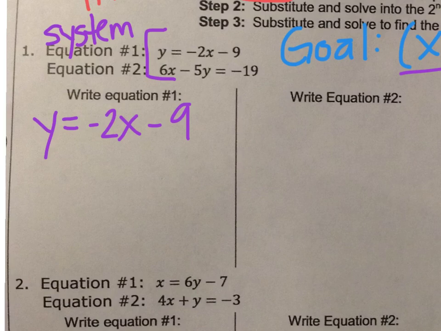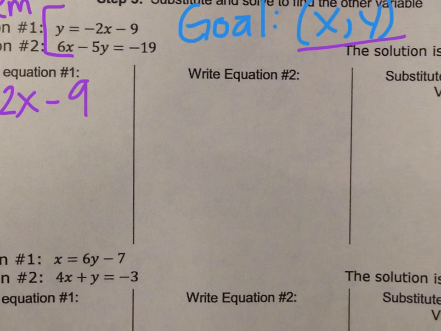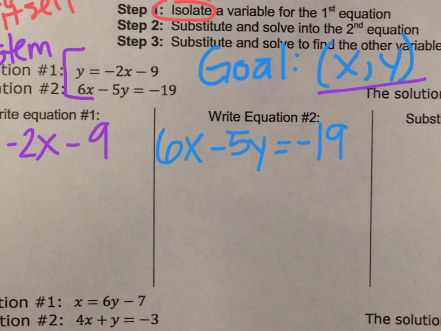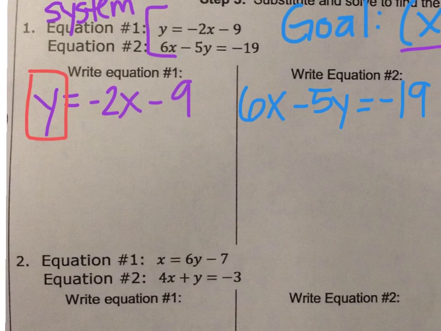Do we have a variable by itself here? Yes, we do. That variable is y. Now look at the second equation. The second equation is 6x minus 5y equals negative 19. Now what we're going to do is take what y is equal to and replace it in equation 2.